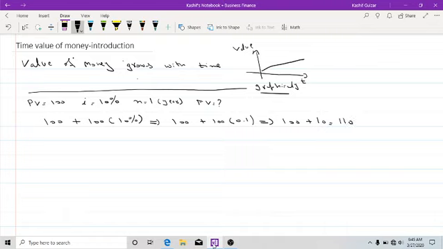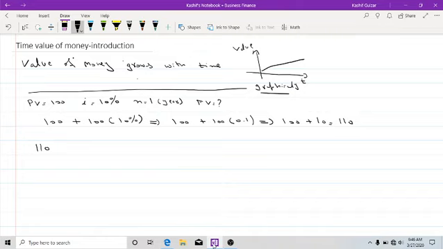But again, if I want to see what the balance will be after 2 years, if we don't withdraw money, then obviously at the end of 1 year we would have a balance of 110.